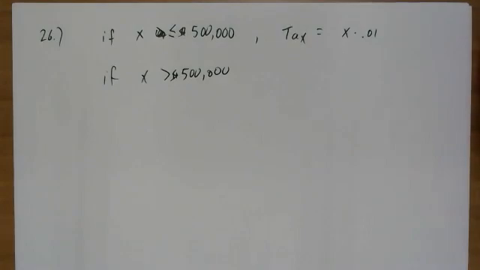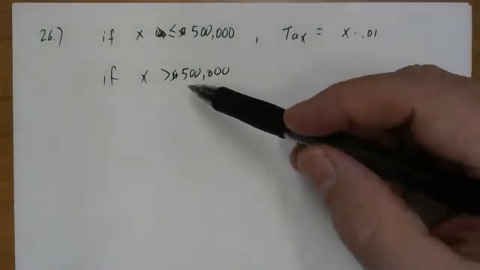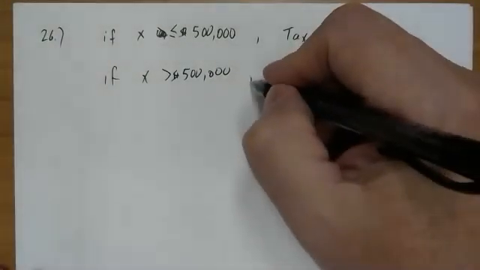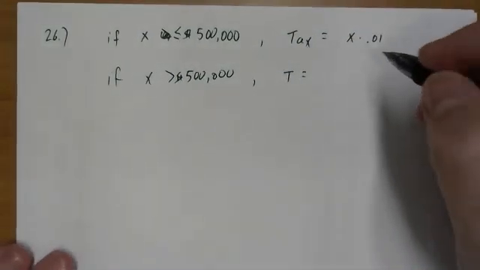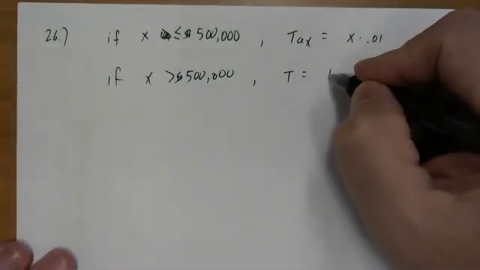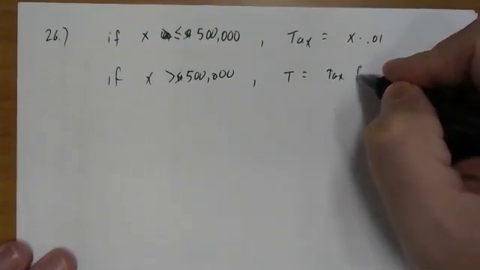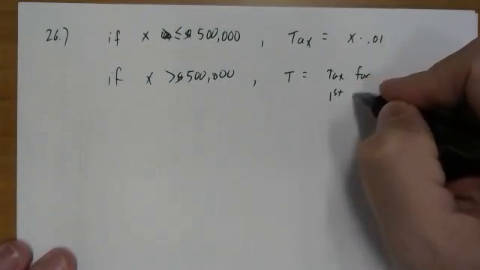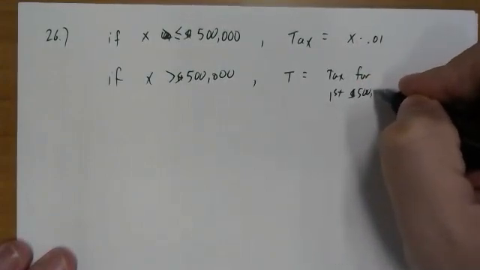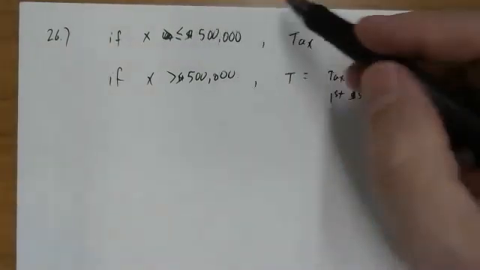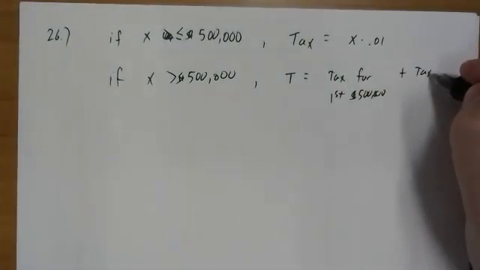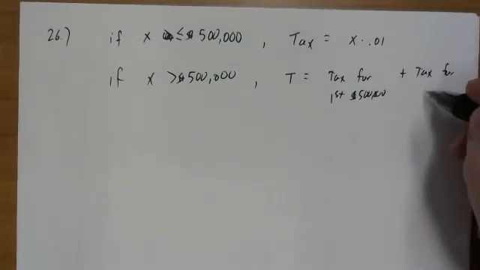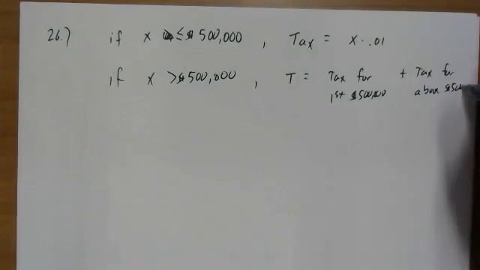So what I want to do is write an equation for the tax, but it's 2 parts. The tax for the first $500,000, because that's taxed at 1%, and then I add to it the tax for what's above 500,000.